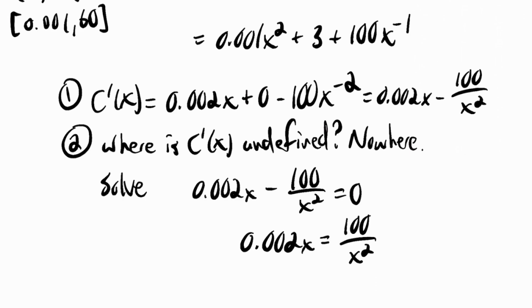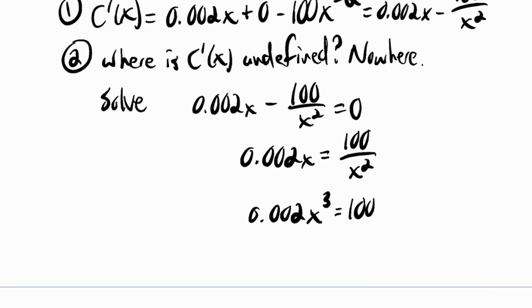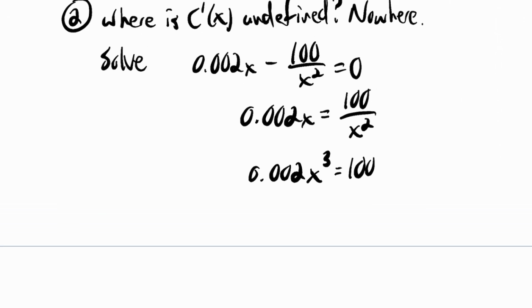I can multiply x squared on both sides. So I'll get 0.002x cubed equals 100. Next, I can divide by 0.002. So I'll have x cubed equals 100 over 0.002.